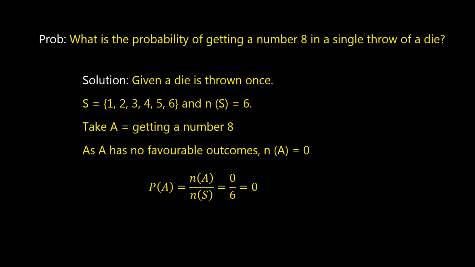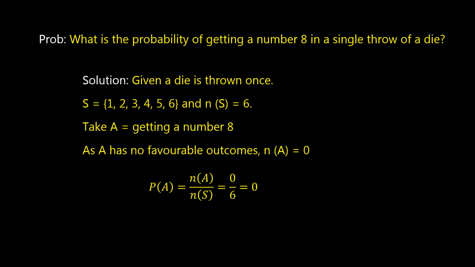Therefore, A has no favorable outcomes, there is no 8 in S. That's why A has no favorable outcomes. That means n of A is equal to 0. Apply the formula. P of A is equal to n of A by n of S. That is 0 by 6, we will get 0. This probability is 0.